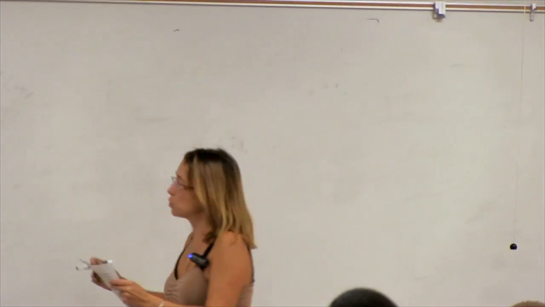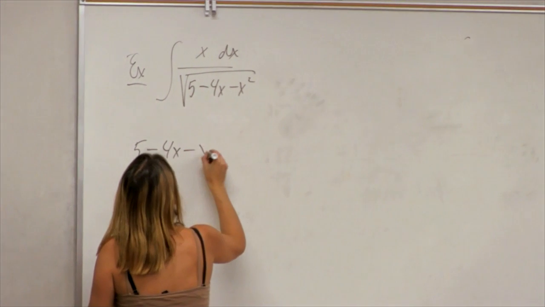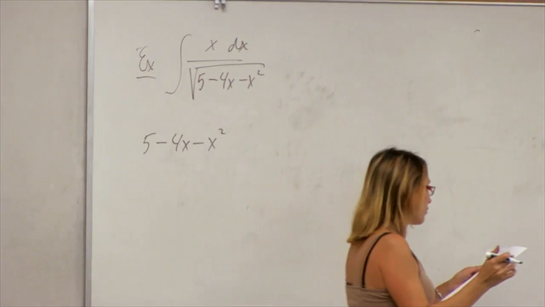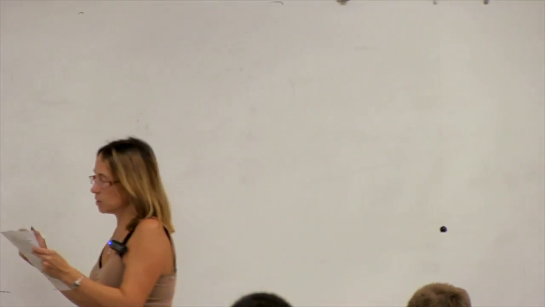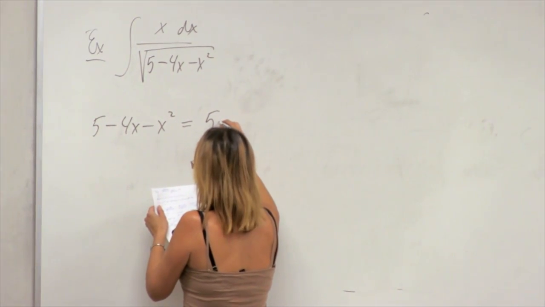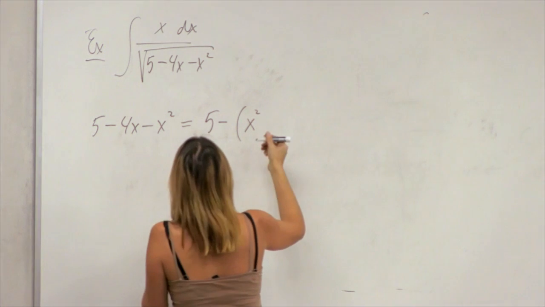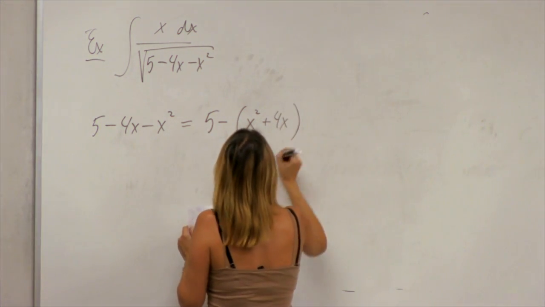And to see that, we're going to write down this and try to uncover a square there. Okay, I want to have something plus or minus x squared. So this is what we write. This is equal to 5 minus, and everything that involves x I put in brackets. So x squared plus 4x.